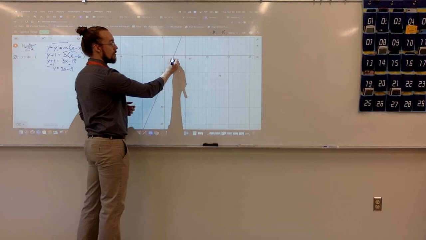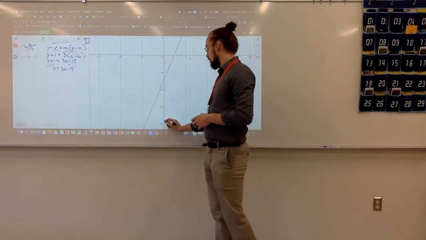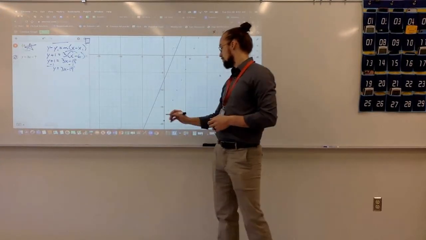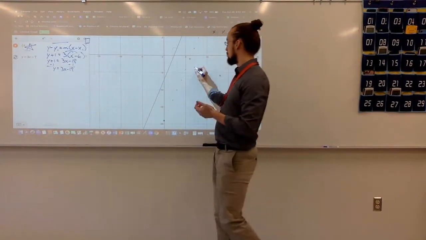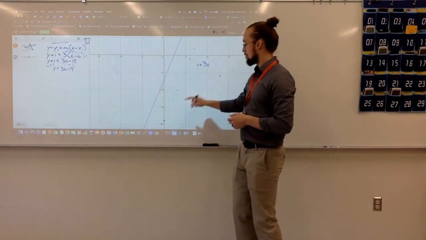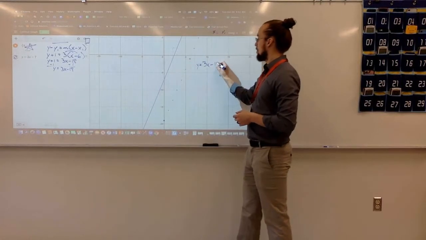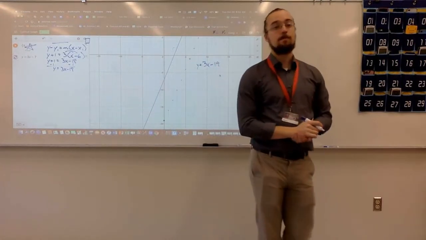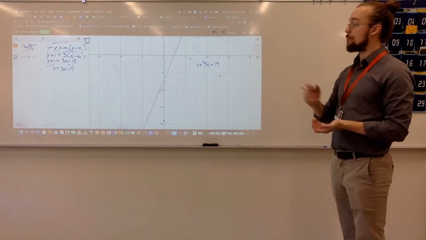So I can see where this line would cross the y-axis. If I draw that line, it ends up crossing the y-axis at negative 19. So the equation of this line would be y equals, so the same slope, 3x, then minus 19. Our goal is to write a parallel line.